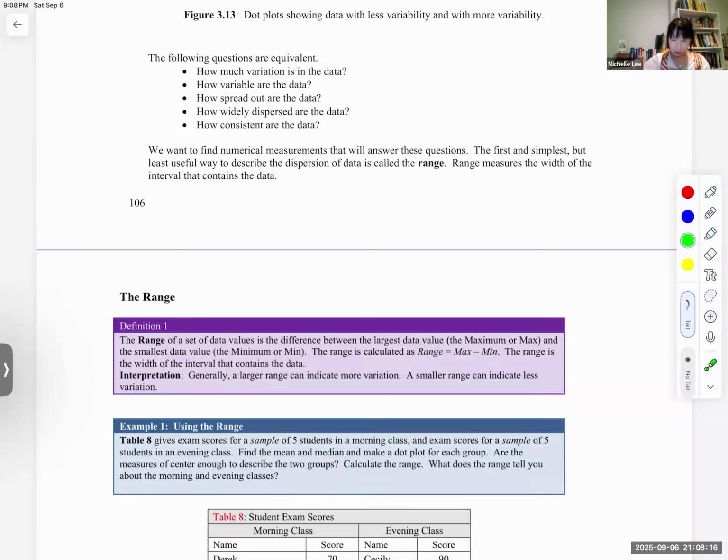They say for interpretation, generally, a large range can indicate more variation. A smaller range can indicate less variation, meaning the data set is less spread out.